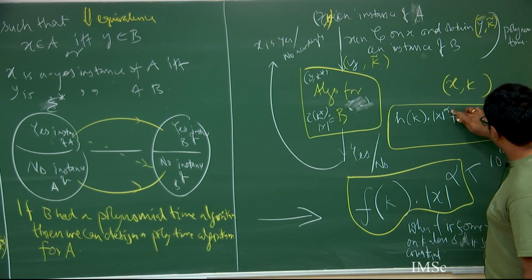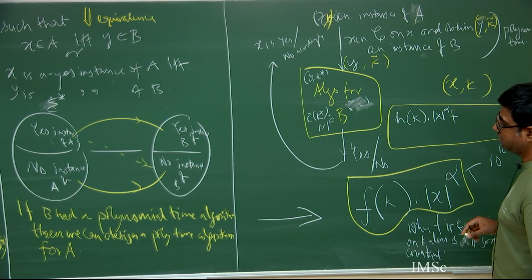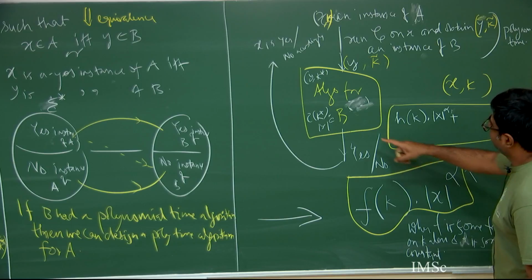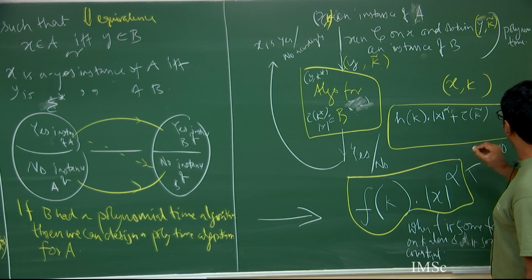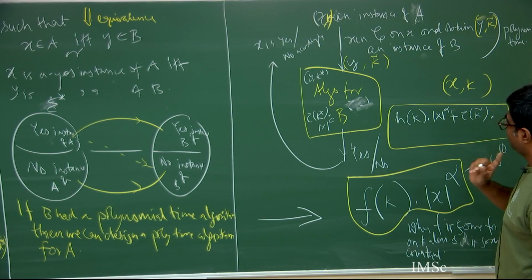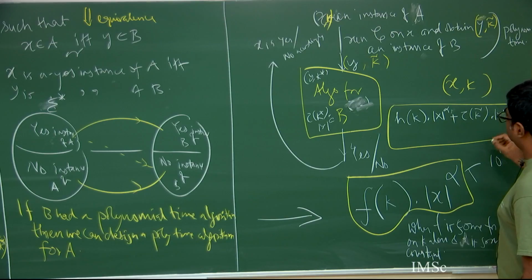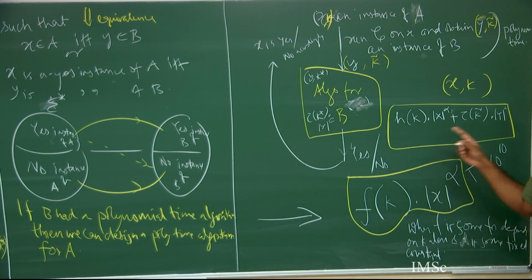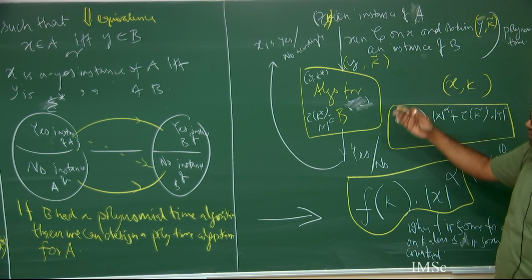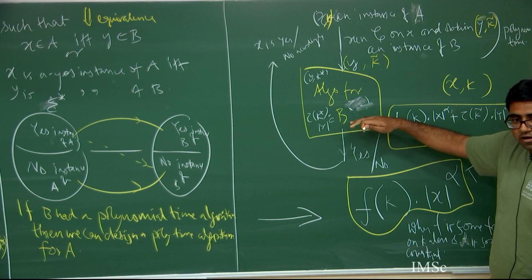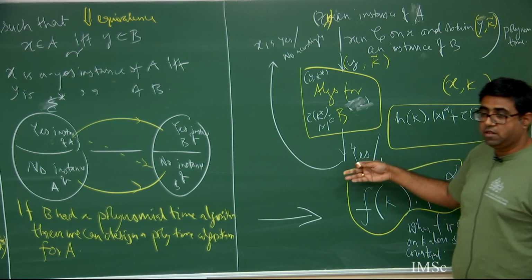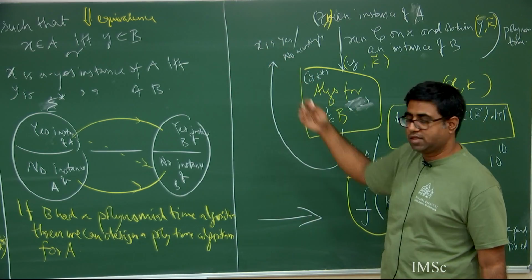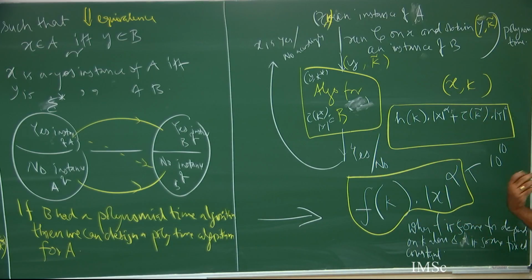If it runs in tau of k tilde times |y| times some c, this is the running time, because I first obtain an instance (y, k tilde), then I run the algorithm for B on this instance and check whether it returns yes or no. If it returns yes, I say that my given instance is a yes instance. If it returns no, I say that it's a no instance.